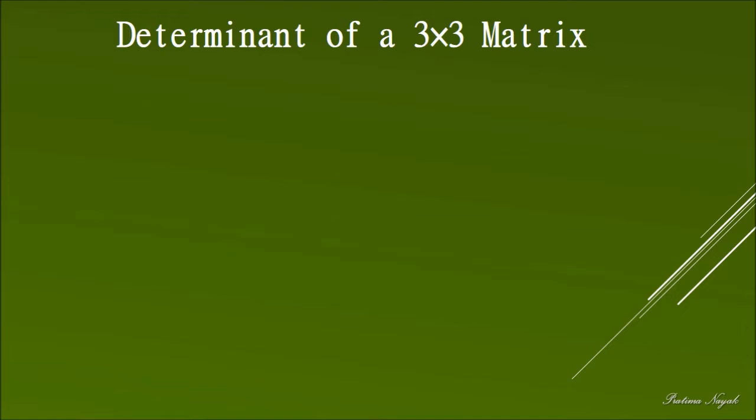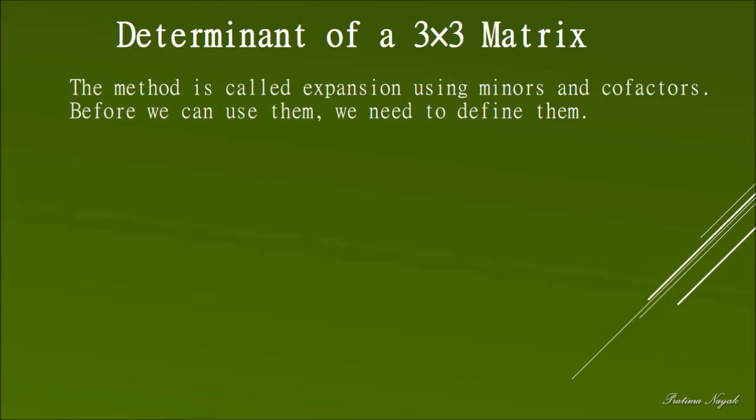Next we'll learn how to find the determinant of 3 by 3 matrix. The method we use is the expansion using the minors and cofactors. Before we can use them, we need to define them. We need to learn how to find minors and cofactors. So we'll learn how to find the minors.